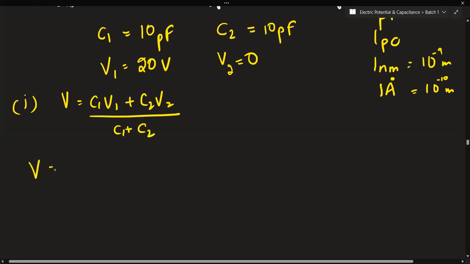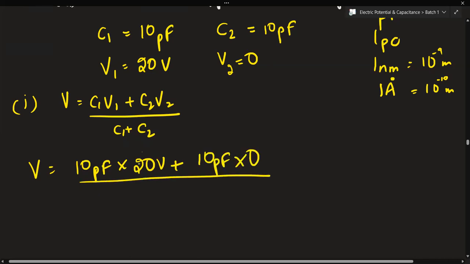Now values, if you put C1 is what? 10 picofarad multiplied by 20. Fine. Plus C2, right now I'm not converting. Let's see. C2 is 10 picofarad multiplied by 0, divided by C1 plus C2, 10 picofarad plus 10 picofarad.